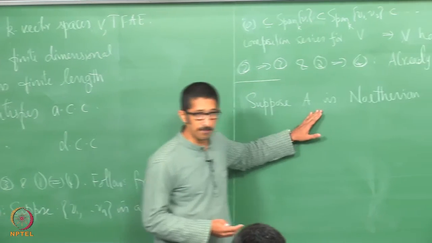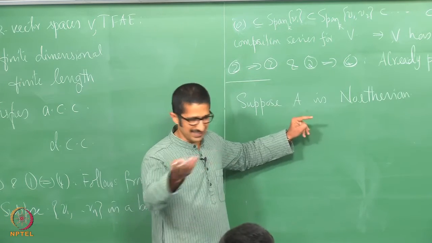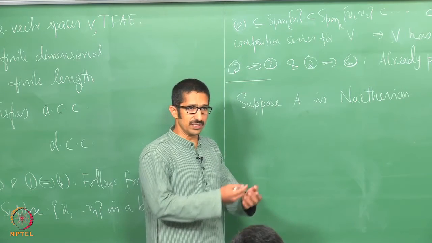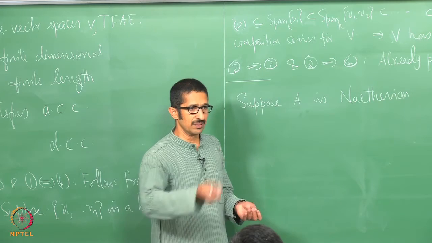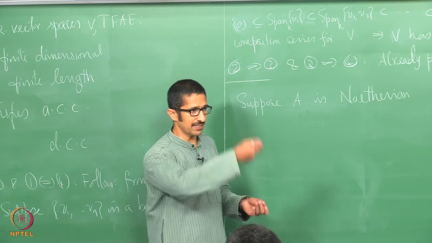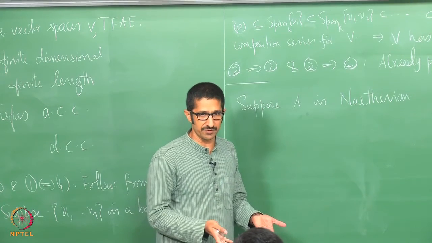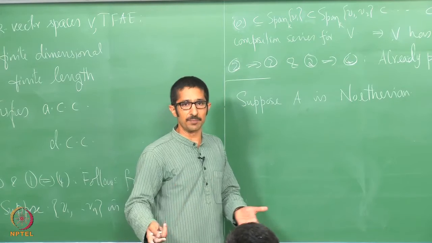For example, take Z. It does not have a composition series, because you start with any ideal, and there are no simple submodules of Z. You take any submodule, it contains a proper submodule.